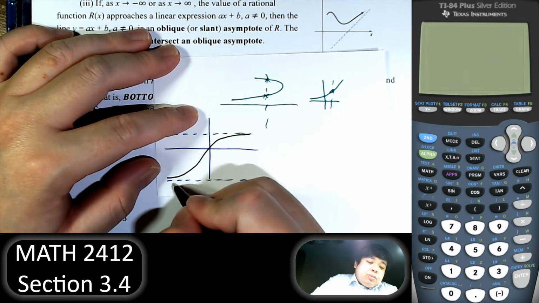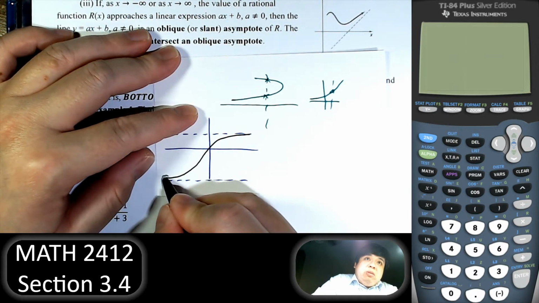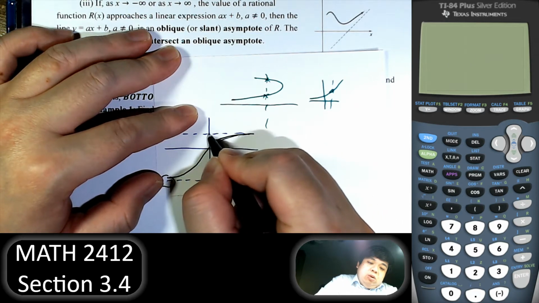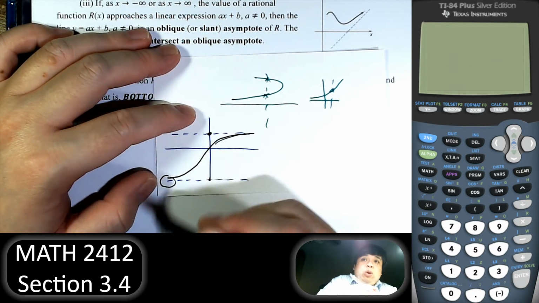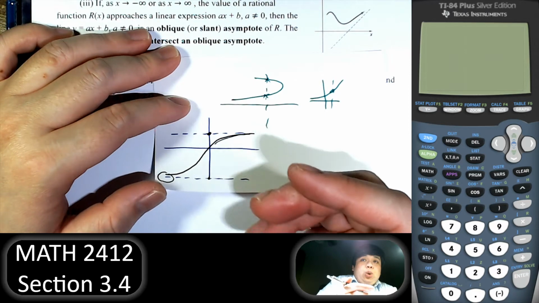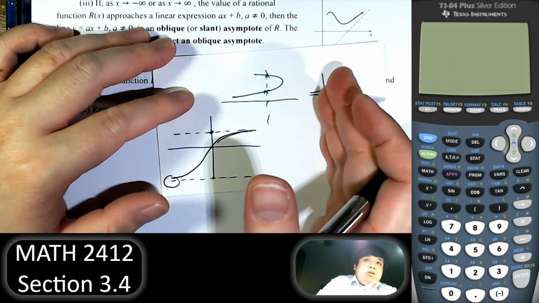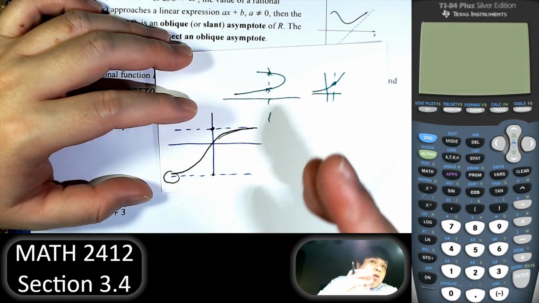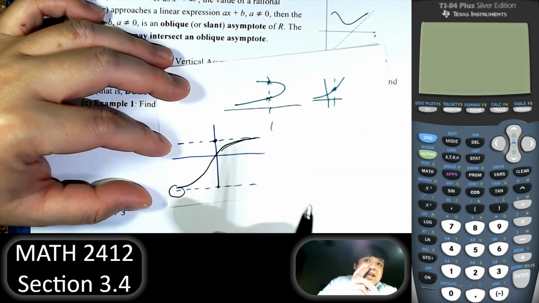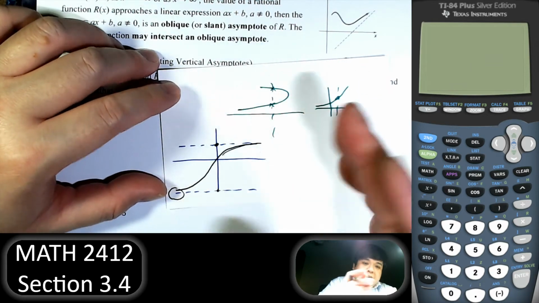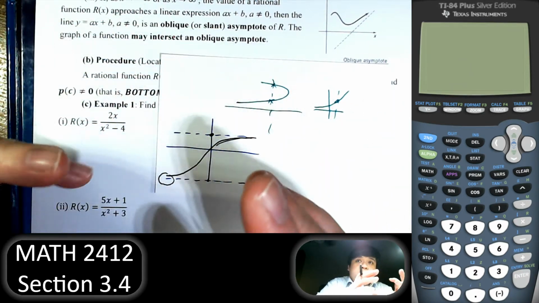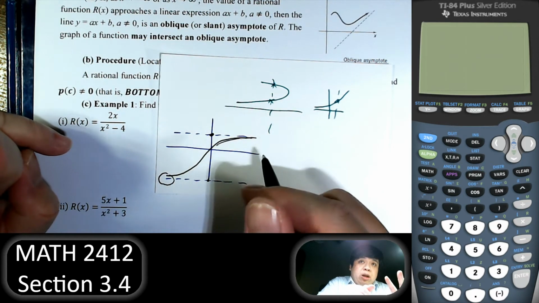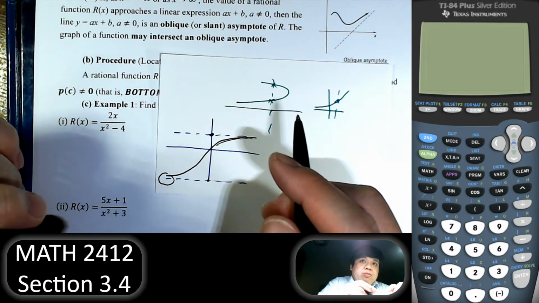So as x goes to negative infinity, it goes to a number. As x goes to infinity, the function goes to another value. So we could have at most two horizontal asymptotes, one for infinity and one for negative infinity. But if the function is a ratio of two polynomials, then it's only one.